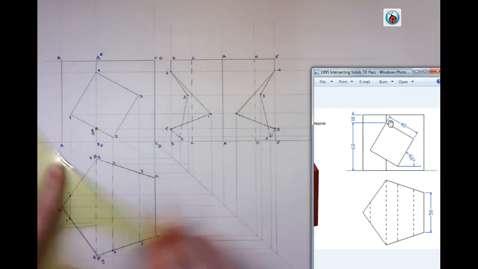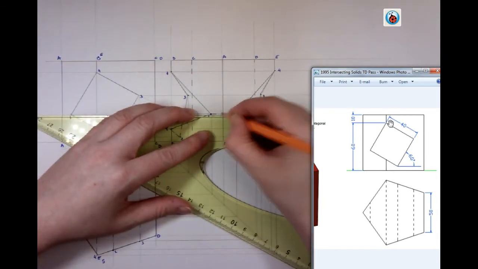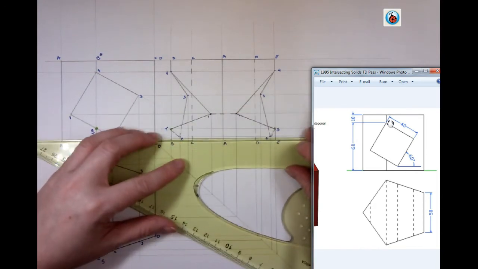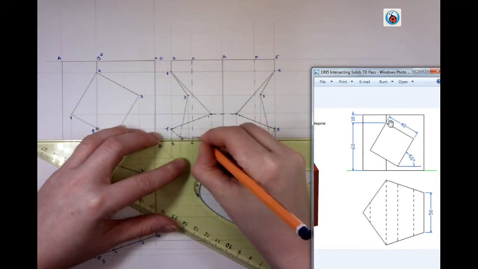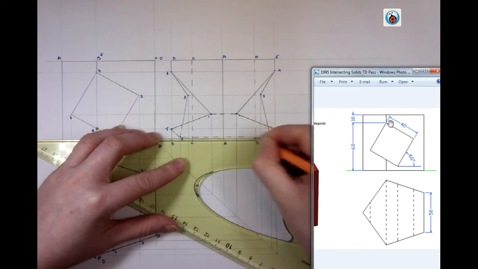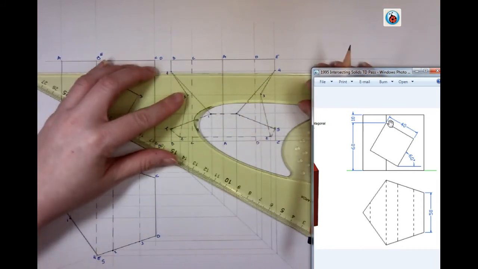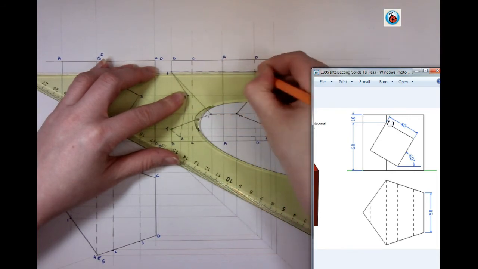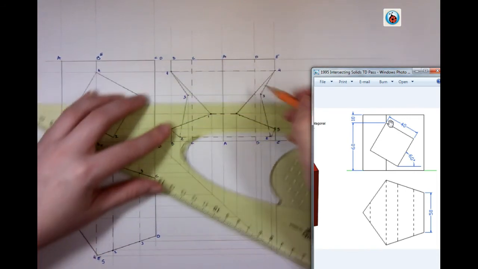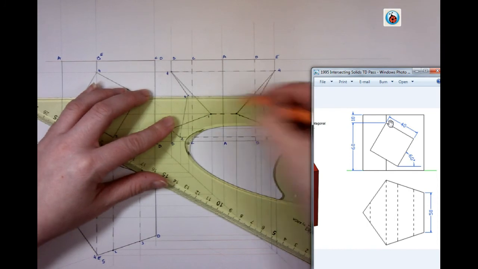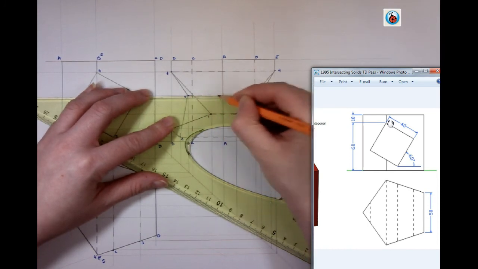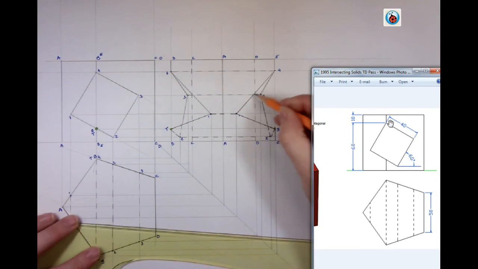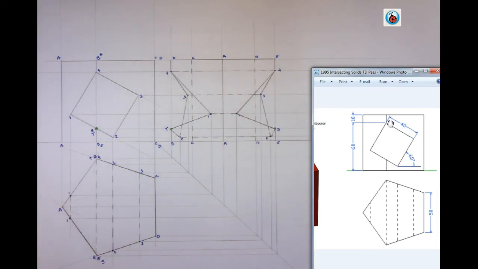Now finally we just have to join our dots. 1 goes to 1, 2 to 2, and 4 to 4. Now also if you look at 3, 3 should be dotted, but because of the hole, this little bit here will go in dark. And that's our question fully completed.